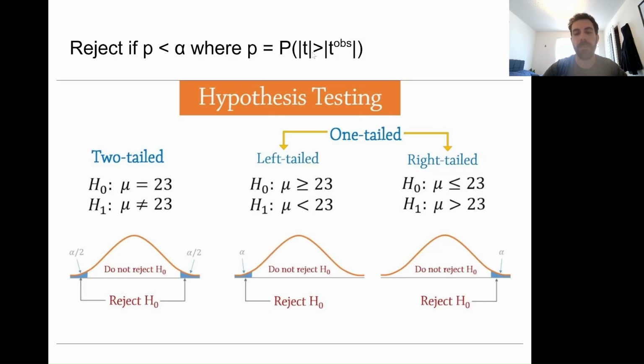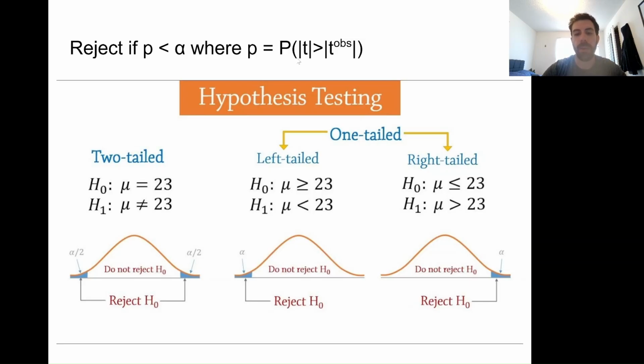And a matter of fact, I'm realizing right now this could have an equal sign here. It's not necessary because it's continuous, but for clarity, I think it makes sense to put an equal sign there.